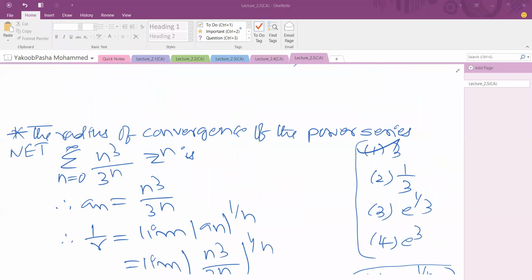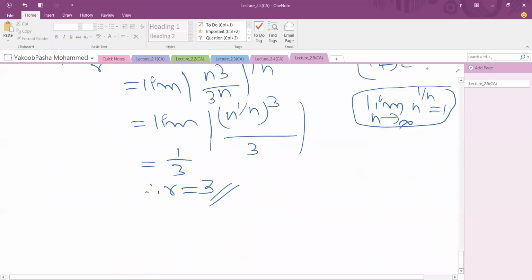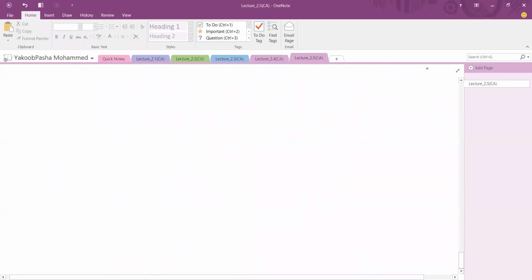I am taking another problem. It is also from the NET problem 2017 CSIR NET.